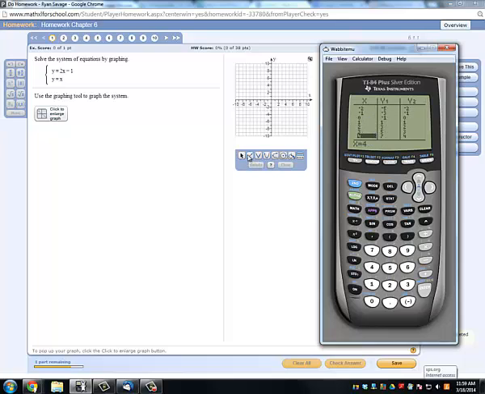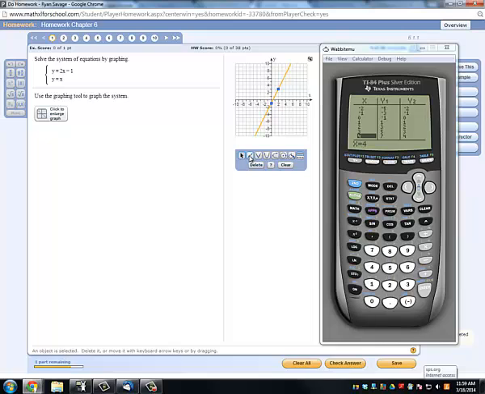So I'll start with the point 0, -1, and then I'll plot the point 2, 3. So now I've plotted the line for y1, and now I need to plot the line for y2.